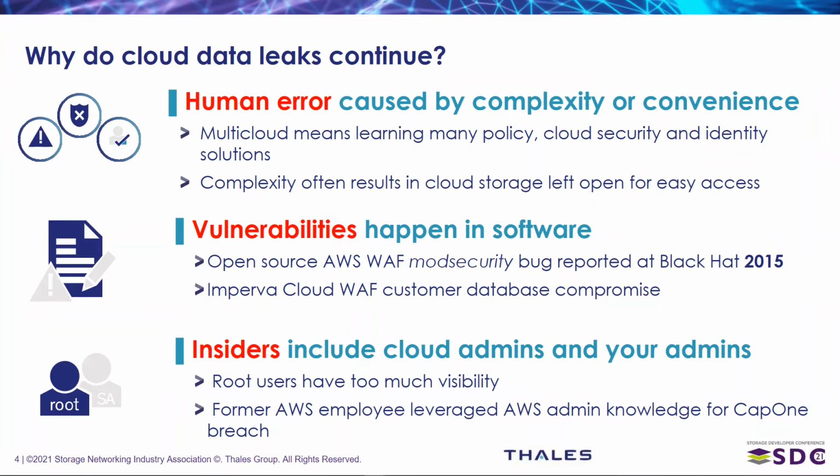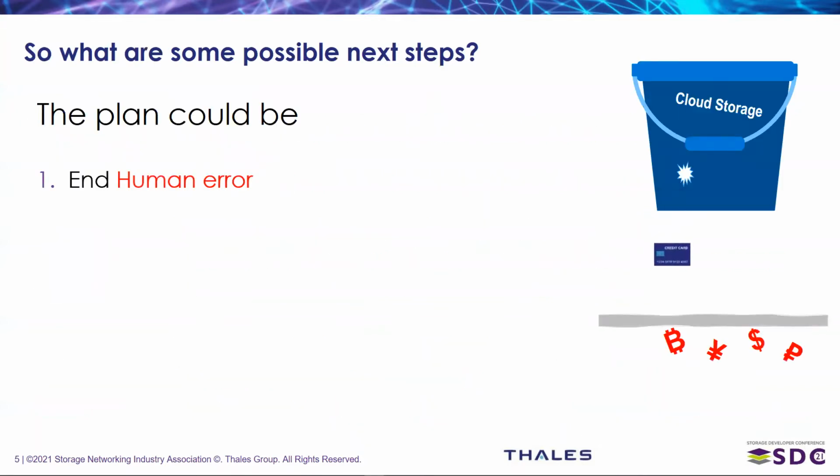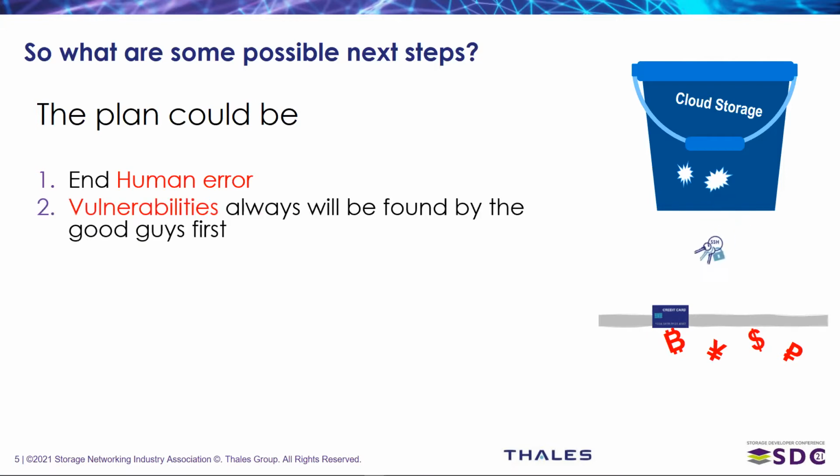Okay, so what can we do about all this? Well, here are some next steps. One thing we can try is to completely get rid of all human errors, but that seems to be going against human nature, I think. By nature, we are inherently error prone. Or we can find all vulnerabilities before the bad guys find them and exploit them.